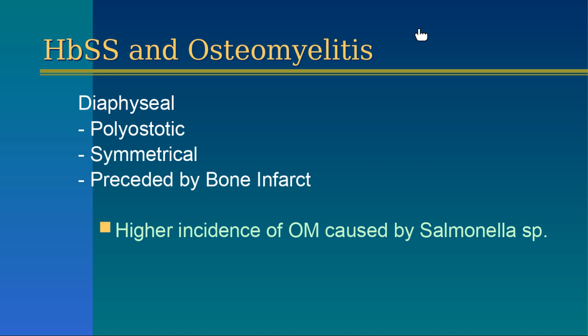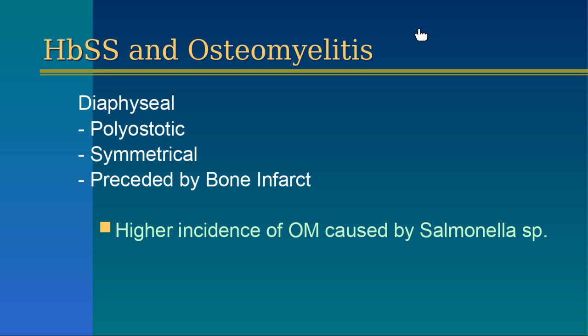There's a higher incidence of osteomyelitis caused by Salmonella species. And it's not because the sicklers have more Salmonella than you and I. We all have Salmonella. But the fact that they can't get rid of encapsulated organisms like we do, Salmonella is an encapsulated organism. The gut is not spared from microinfarction. So when you have microinfarcts in the sickler, in the gut, it allows the Salmonella to translocate quite easily, enter the bloodstream, and then, without a spleen, they are not able to get rid of it.